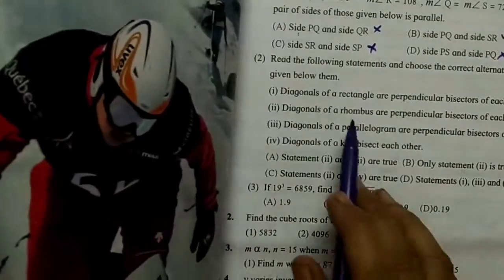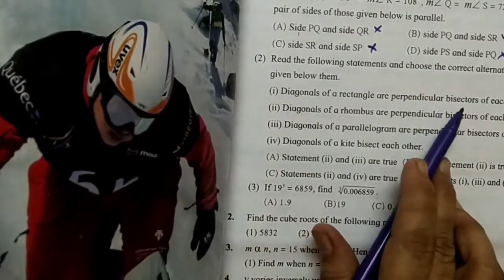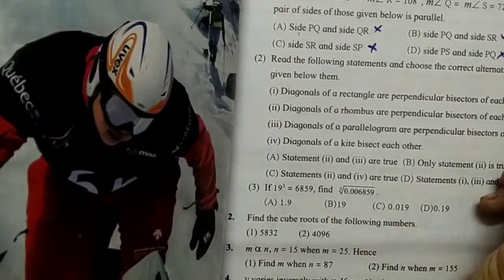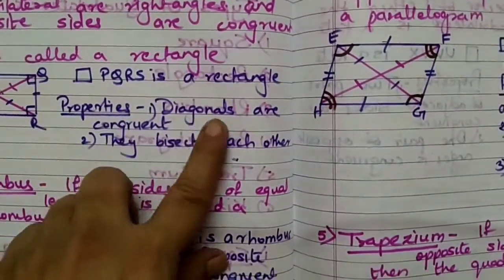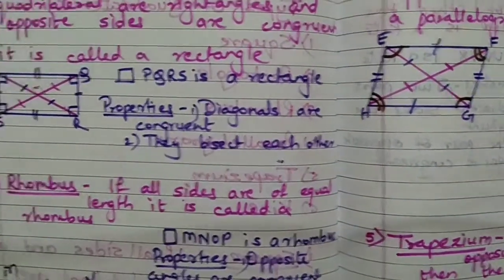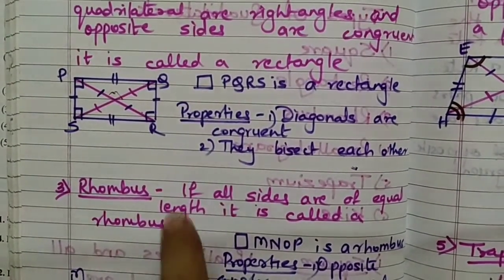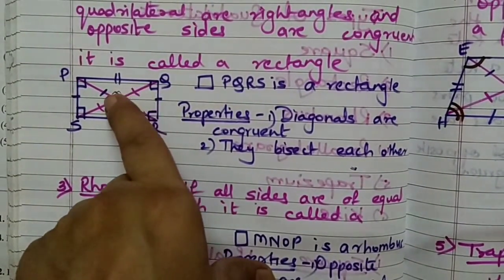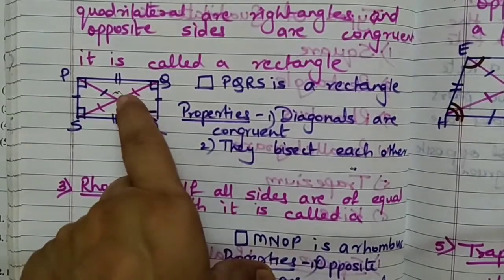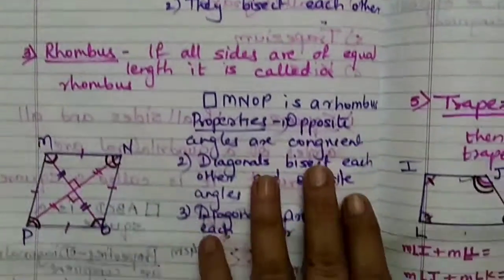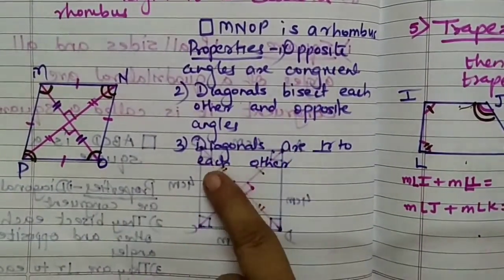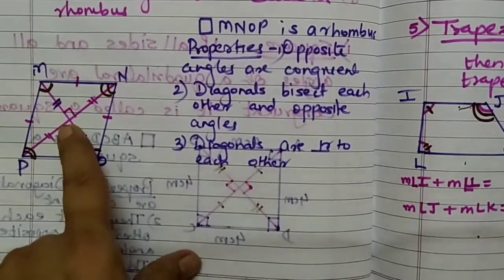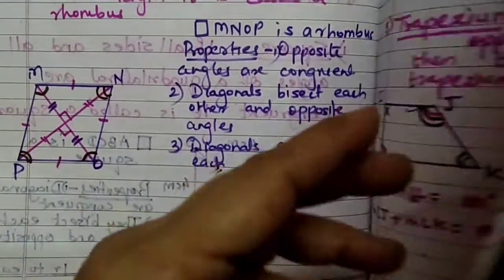So what is the property? The statement that diagonals of a rectangle are perpendicular bisectors of each other is not true, because here we have read diagonals are congruent, they bisect each other. Perpendicular bisectors means they should make an angle of 90 degrees, but the angle here is not 90 degrees. Now rhombus, diagonals are perpendicular to each other. In a rhombus they are perpendicular bisectors.